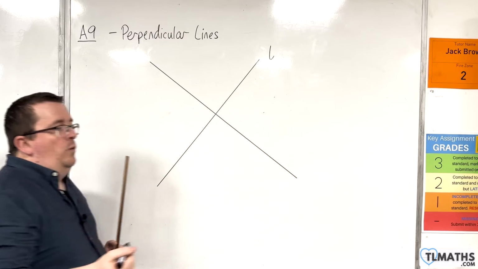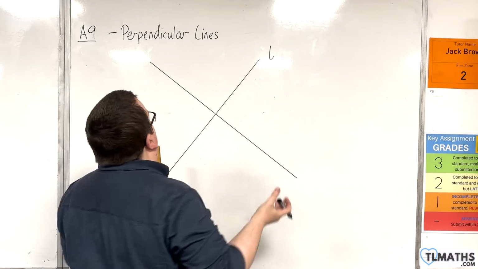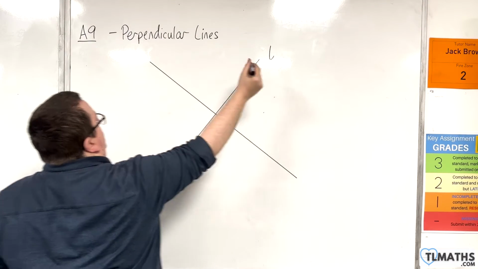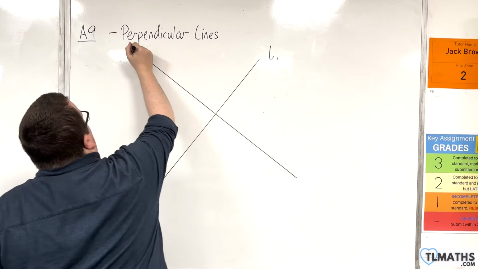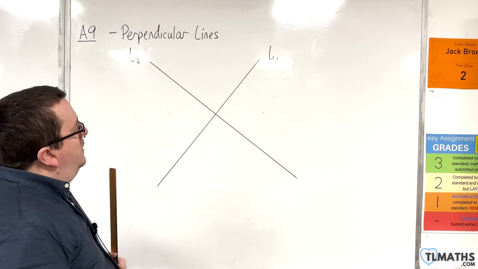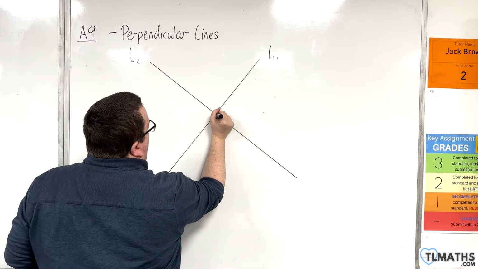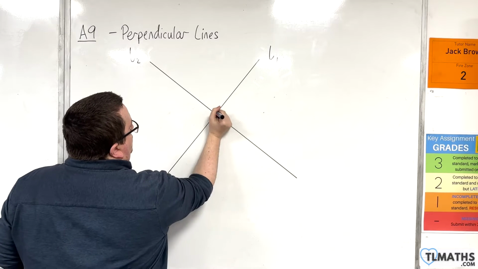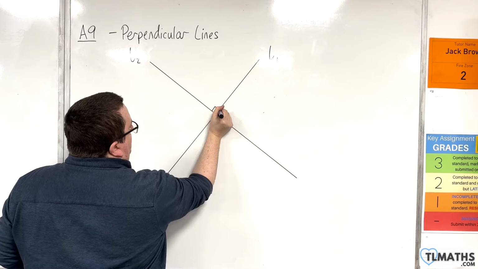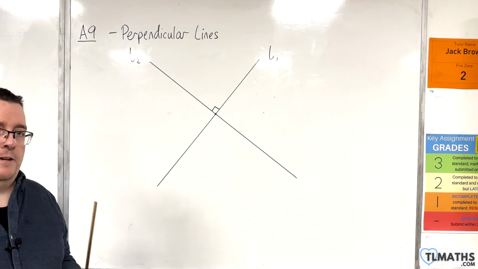Let's call this one L1 and this one L2. And they are perpendicular because the point of intersection makes a right angle. So this is a right angle.